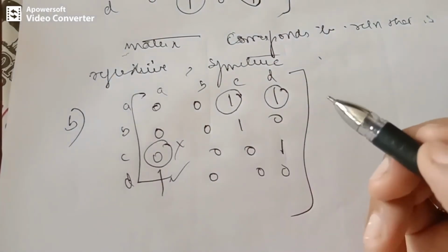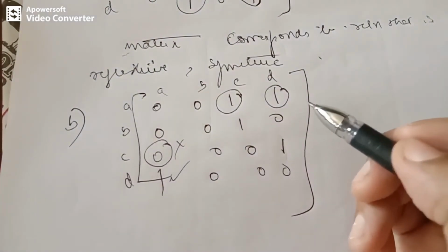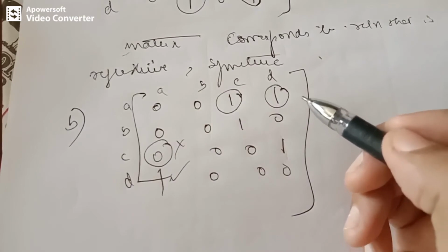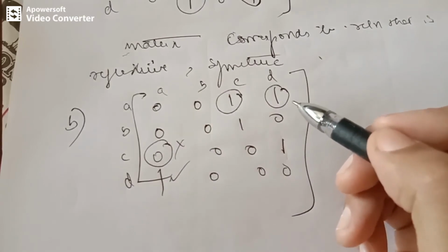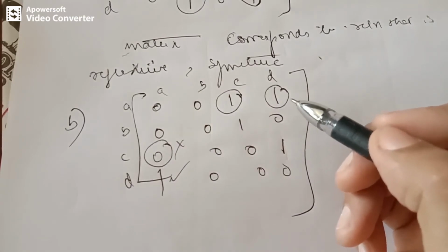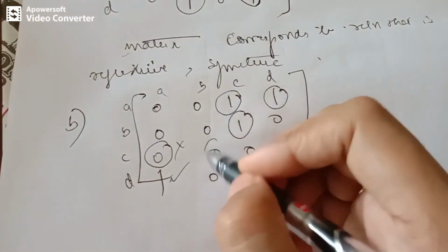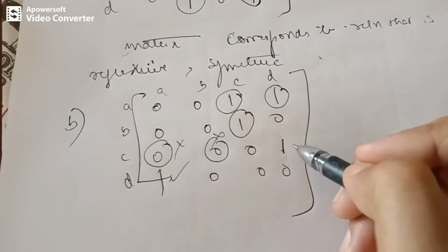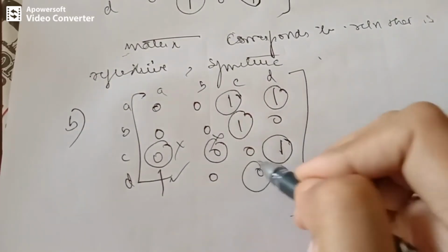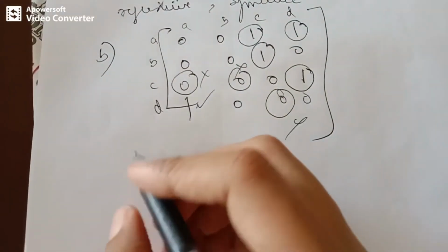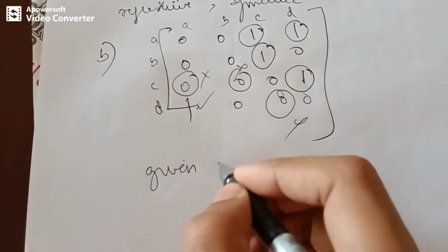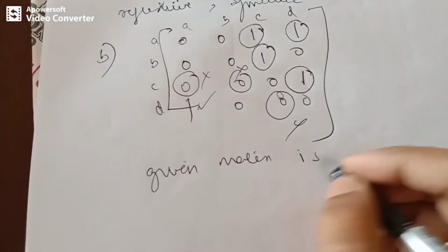Yes. Okay. So that means the relation is not always symmetric. Then next, if I check for b comma c is 1, do I have c comma b as 1? No. c comma d is 1, do I have d comma c as 1? No. Therefore, the given matrix is not symmetric.